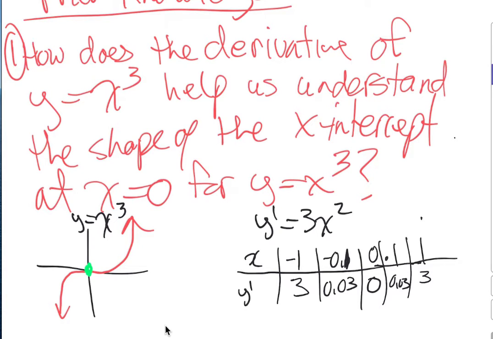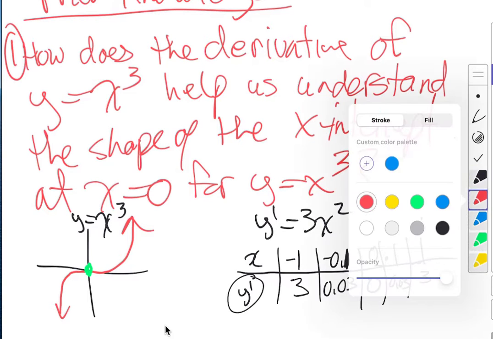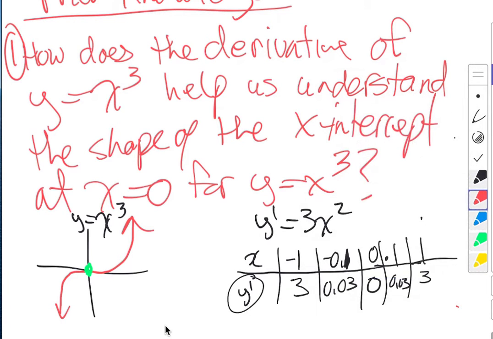So remember that this is the tangent slope. If I look at this, that means it's moderately steep. 0.03 is still positive, but it's just a little bit steep. That's horizontal. That's a little bit positive in terms of slope, and this is getting more positive.